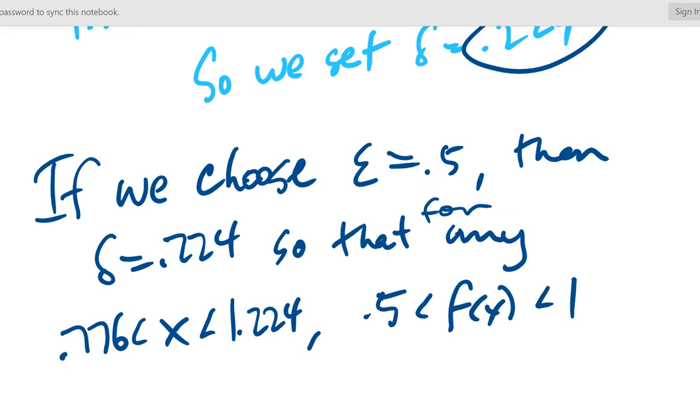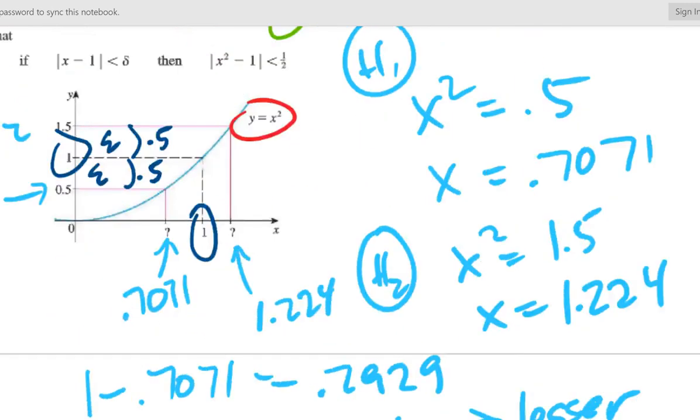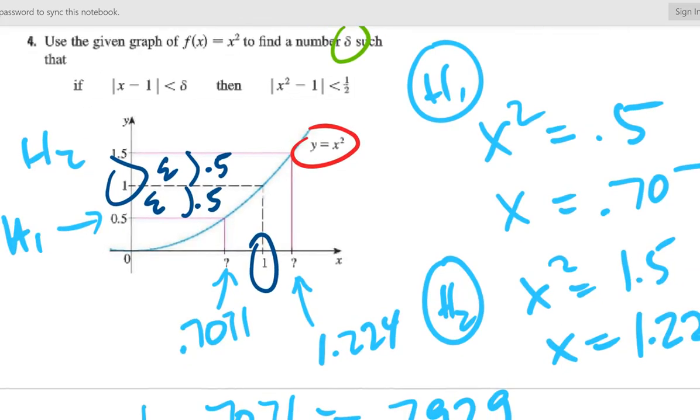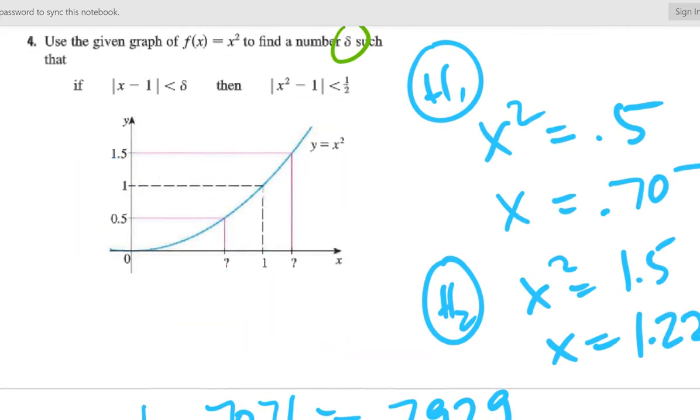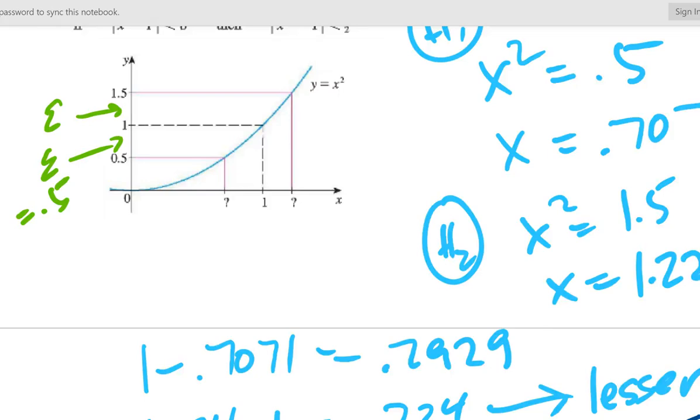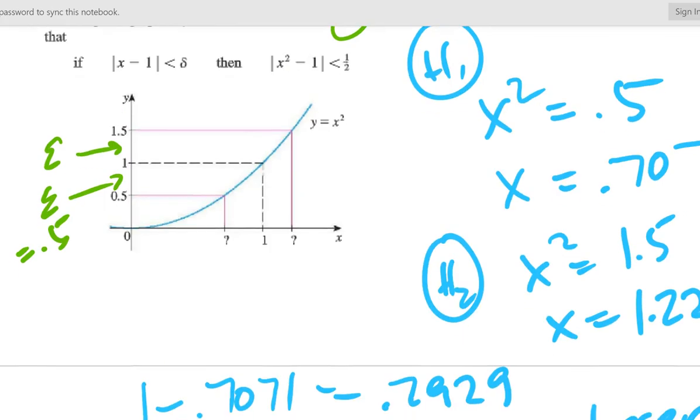and 1.5. Okay, so going up to the graph, let me erase some of this. We choose our epsilon to be 0.5. Epsilon equals 0.5. Now, this one is 0.224 out, so this side, the one on the right, is one out.